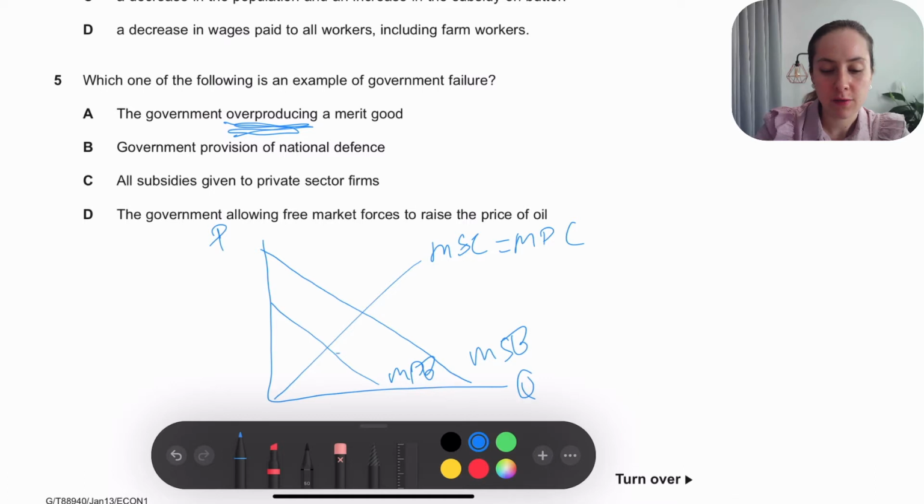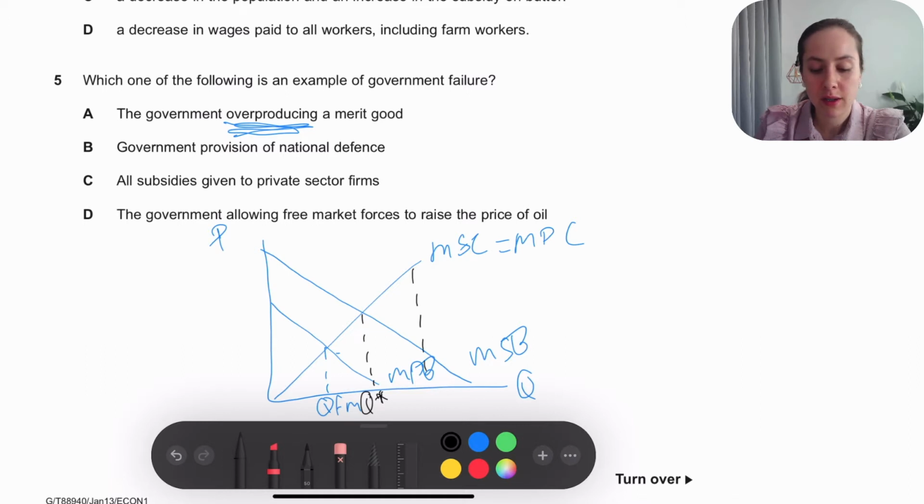We've got quantity, we've got price. In a free market, we will have QFM. Let's just say, for the sake of this example, the government has gone beyond the social optimum and has decided to produce Q2. Why is that bad?